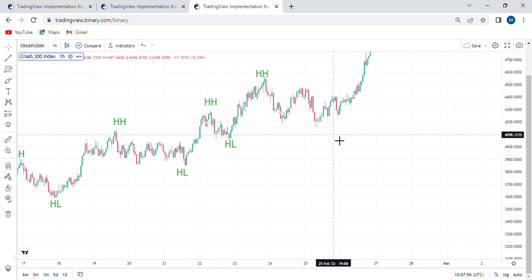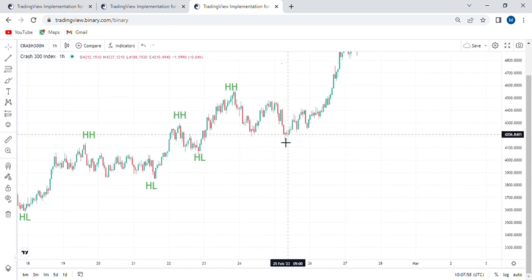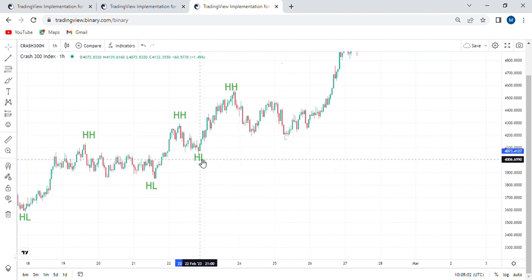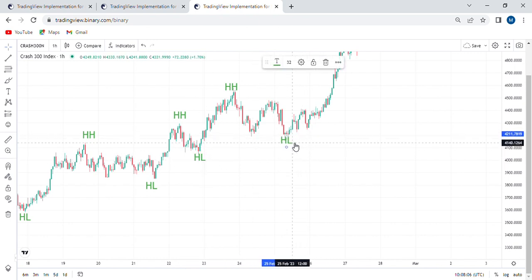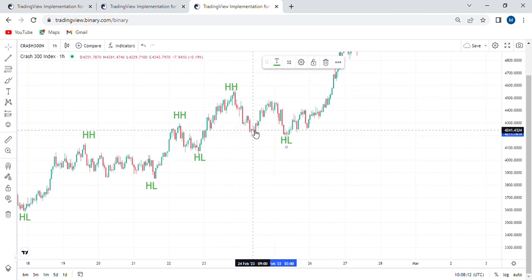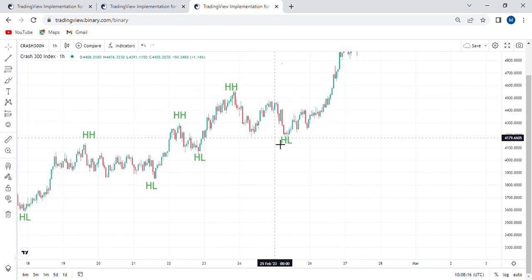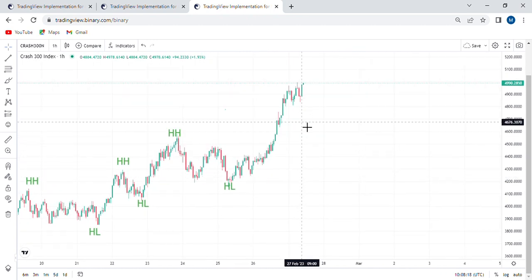So this is our last higher low. This should be our higher low, not this one, because this one didn't push up to break out of this, and we don't validate it as our higher low. And this should be our higher high now.